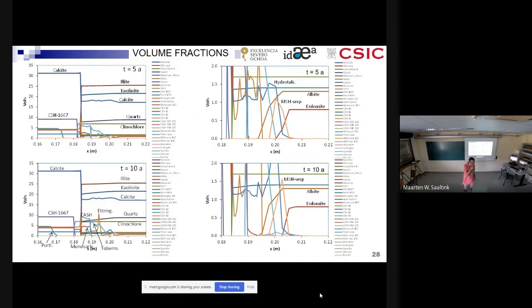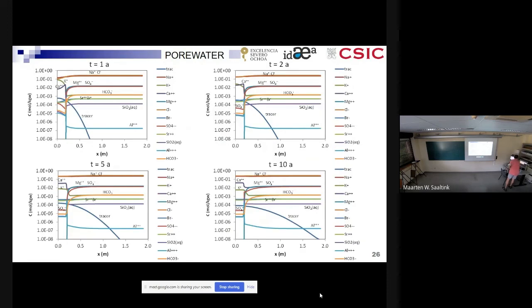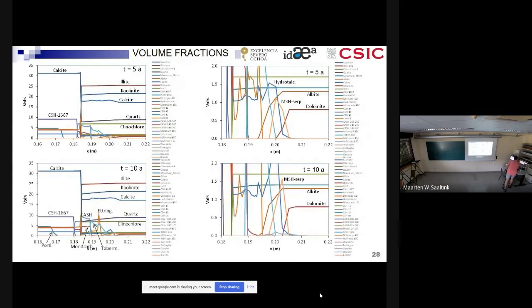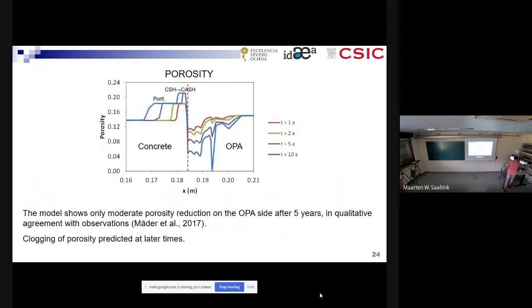A question related to that: maybe it has to do with discretization, and if you discretize more, to make smaller elements, then maybe you have the peak in one node. No, I mean, here you can more or less see that. The porosity plot is not just one node. The discretization is quite fine.